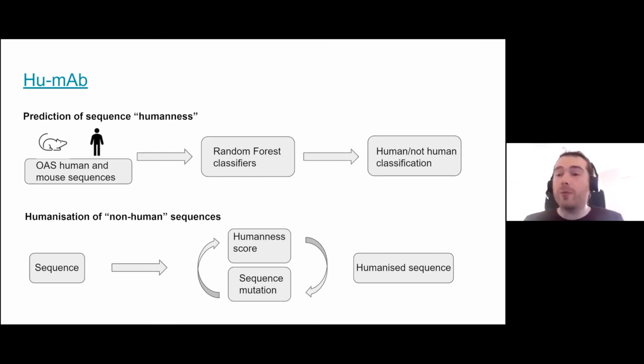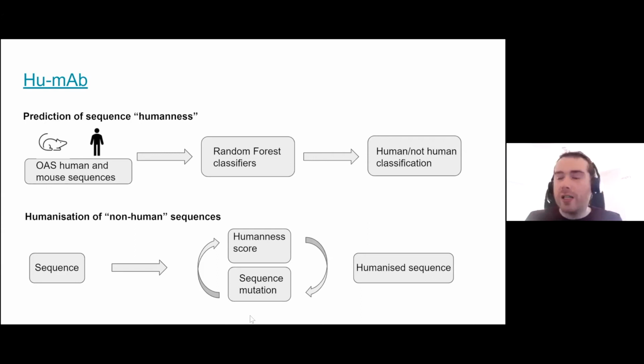Humanizing a sequence is actually done very commonly experimentally. But one of the problems is that it's often not entirely clear what mutations would be best to make. For example, we can look at the CDR-L3 and say, okay, this L3 needs to be a bit longer, and maybe we might expect to see a certain residue in there. But really, it's often not clear where to start making those mutations. So experimental mutation campaigns can often be very exhaustive.